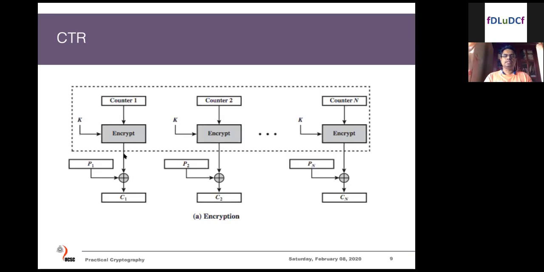Then each counter is encrypted with a security key, and the output of those counters is XORed with the plain text. Since they are independent of each other, we can do parallel processing. These counters can operate independently and in parallel. So that is an advantage, and counter mode is used in most applications.